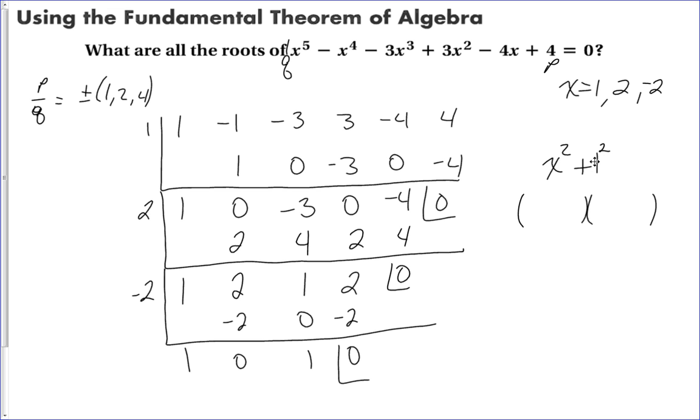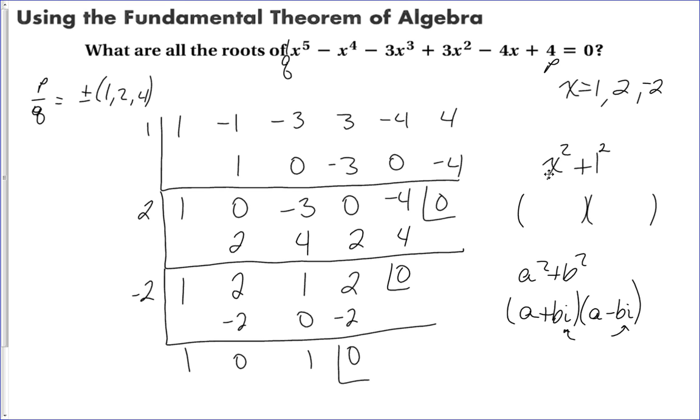So this is technically a squared plus b squared, and that factors into a plus bi and a minus bi. If you notice, we'll have 2 imaginary roots. So we're going to have 3 rationals for this problem, and then just 2 imaginaries.